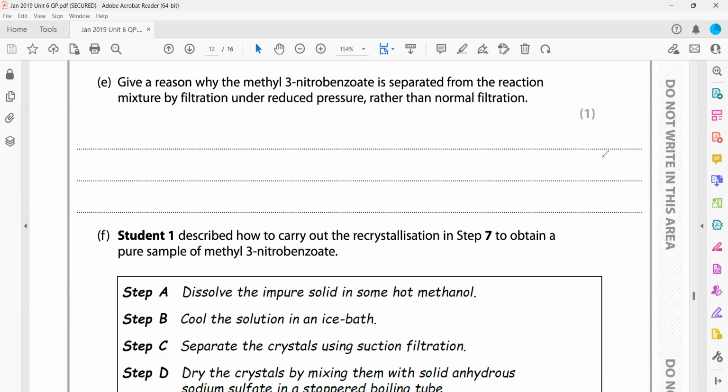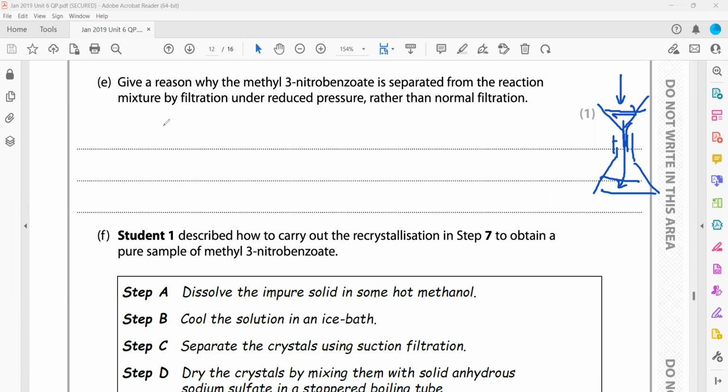Usually in normal filtration, we allow it to pass under normal atmospheric pressure. Here a conical flask is placed, a funnel is there, and there's a filter paper. Gradually the filtrate will pass through the filter paper and we collect a solid, but this won't be a dry solid.